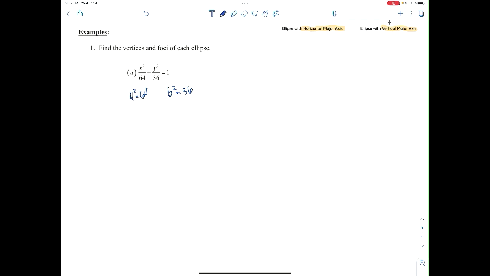And this is going to help us fill in all of our other points. Our vertices, when we have a function in this format, are going to be the positive and negative a, comma 0. This gives us positive and negative 8. So we have one vertex at 8, 0 and one vertex at negative 8, 0.